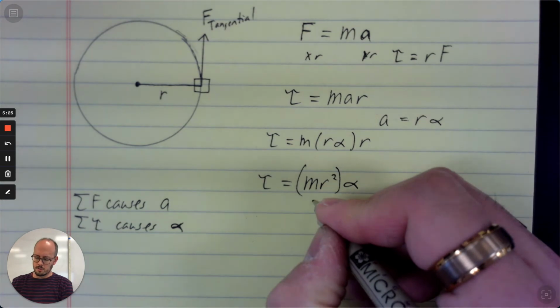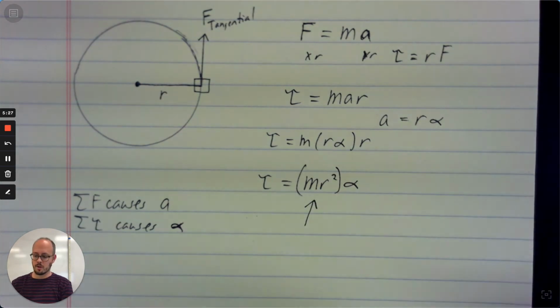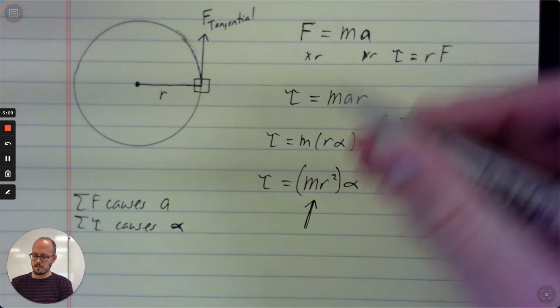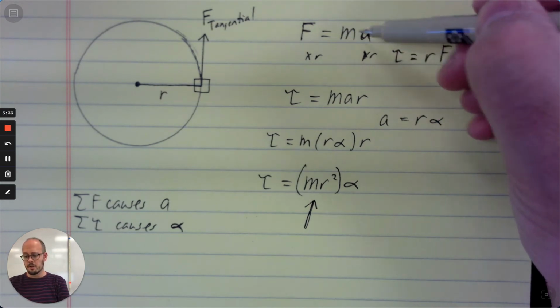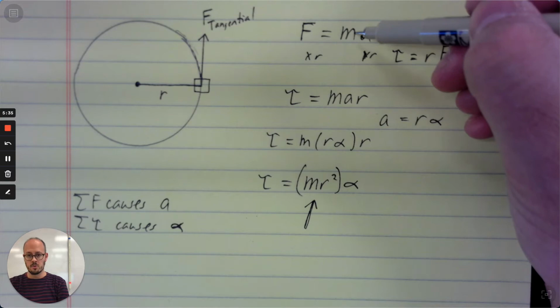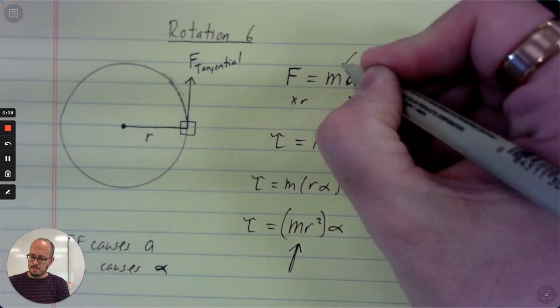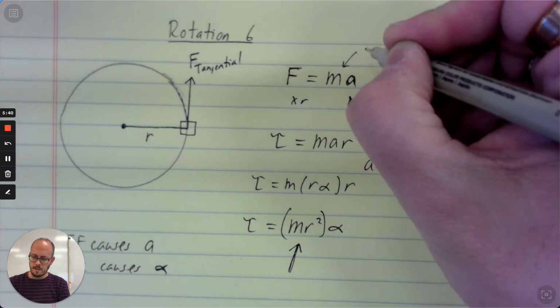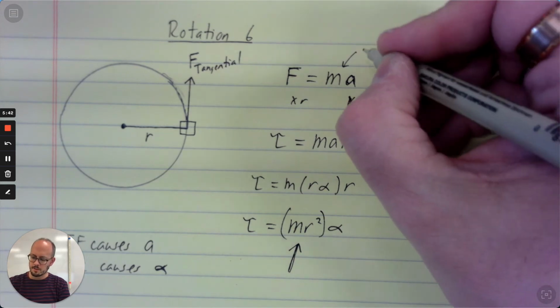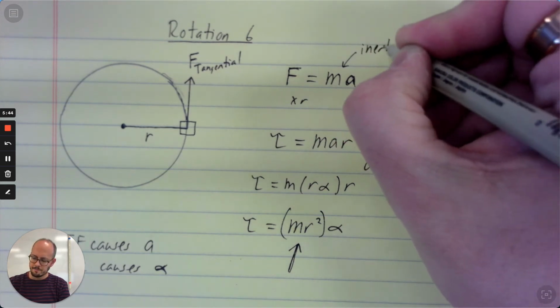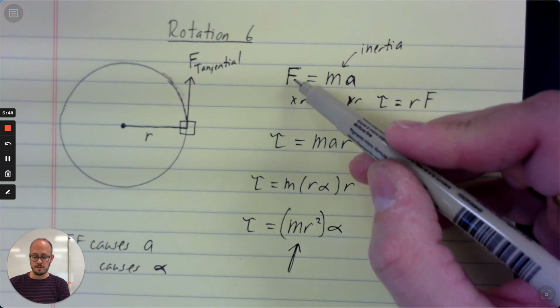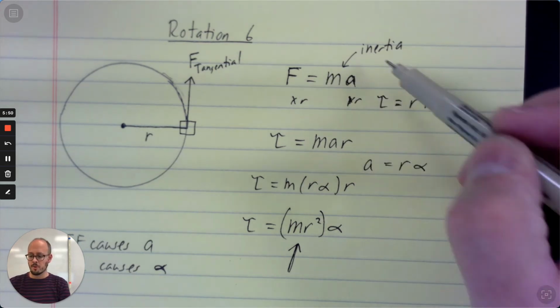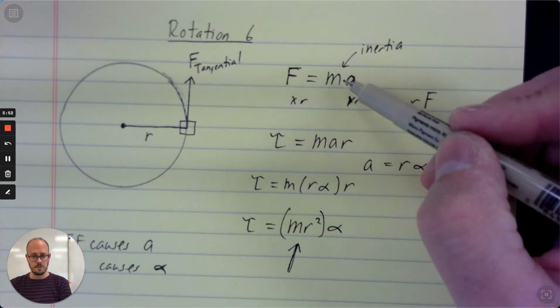And then there's the question of, what the heck is mr squared? If you go back and say, okay, net force causes acceleration, that acceleration is inversely proportional to the mass. The mass, our word that was a placeholder for mass for at least a little while, was inertia. So acceleration is helped along by the presence of a force, but it is opposed by the inertia of the object.